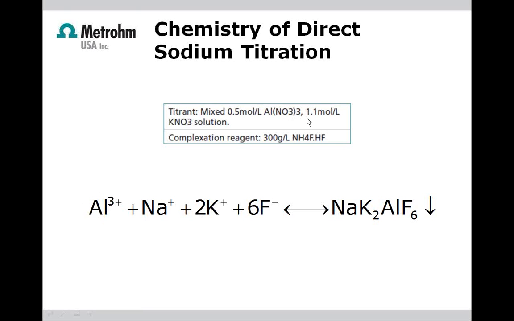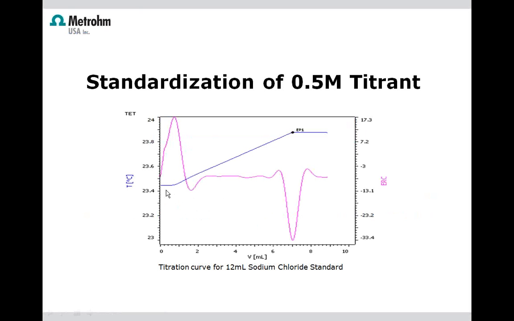That is shown in the titrant here, which has a 0.5 molar aluminum nitrate and 1.1 molar potassium nitrate solution. So our titrant is made up at the correct ratio so that we have the right number of moles of aluminum and potassium ions, and we're providing fluoride ions in excess so that the limiting reagent is now the sodium ions.